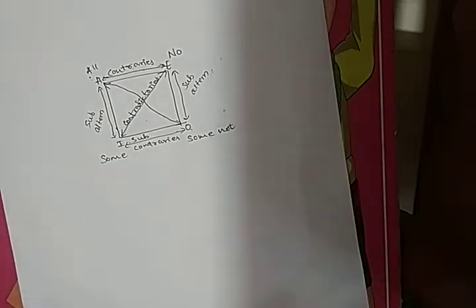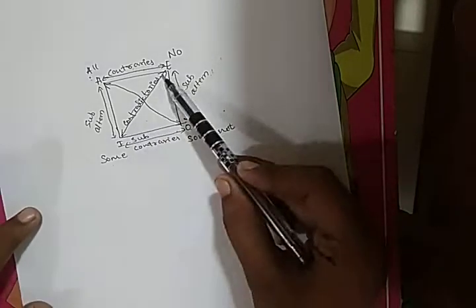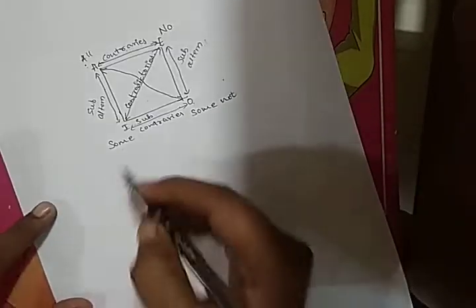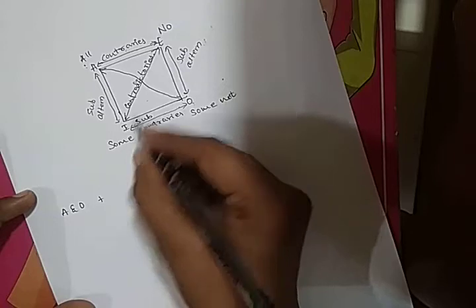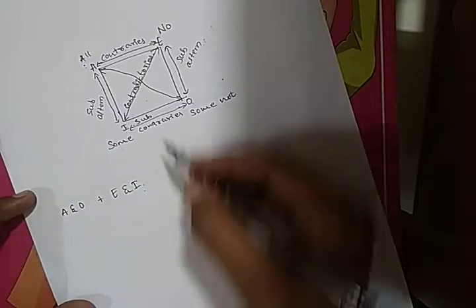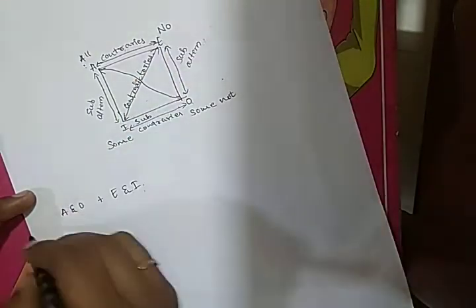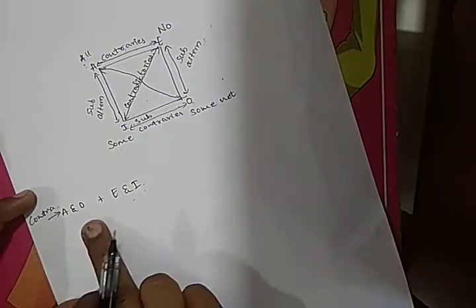Now there are 4 combinations. The first combination is contradictories. What are contradictories? Here A and O, and then I and E, or E and I. These are the contradictories. Contradictories are like opposite pairs. In what sense are they opposite?